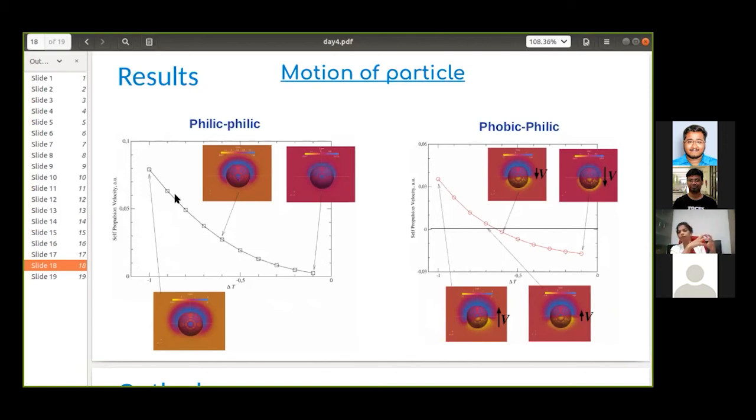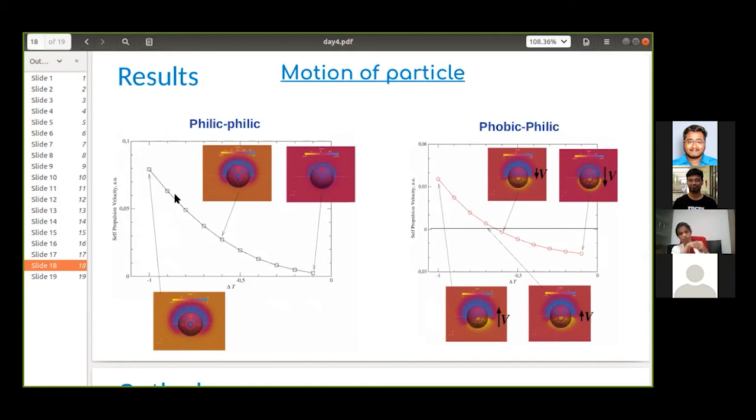The moment you have a temperature gradient, you have a concentration gradient around the particle. Why? I already explained before: you have these structures which are forming, and depending on the local temperature, the local concentration is going to be different. And both sides of the colloid have different temperatures, which means the concentration is going to be different on both sides. So you are going to have a concentration gradient.